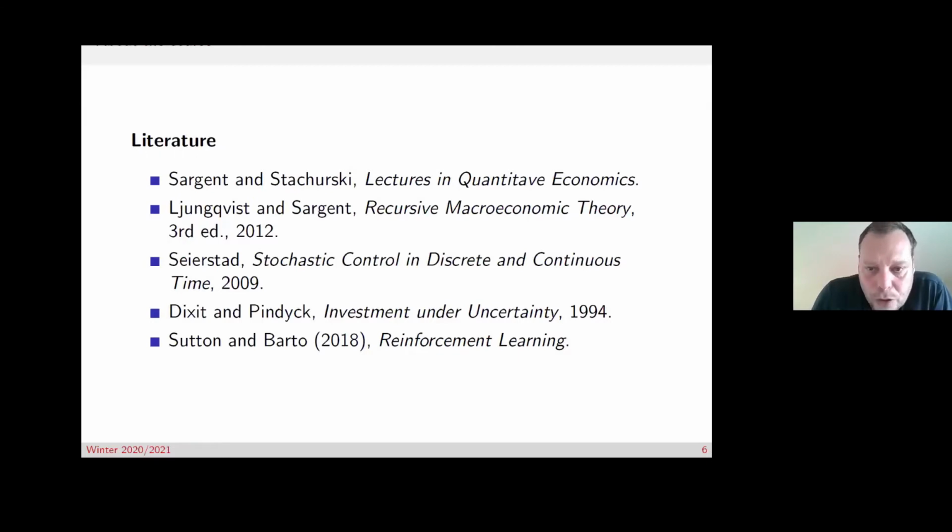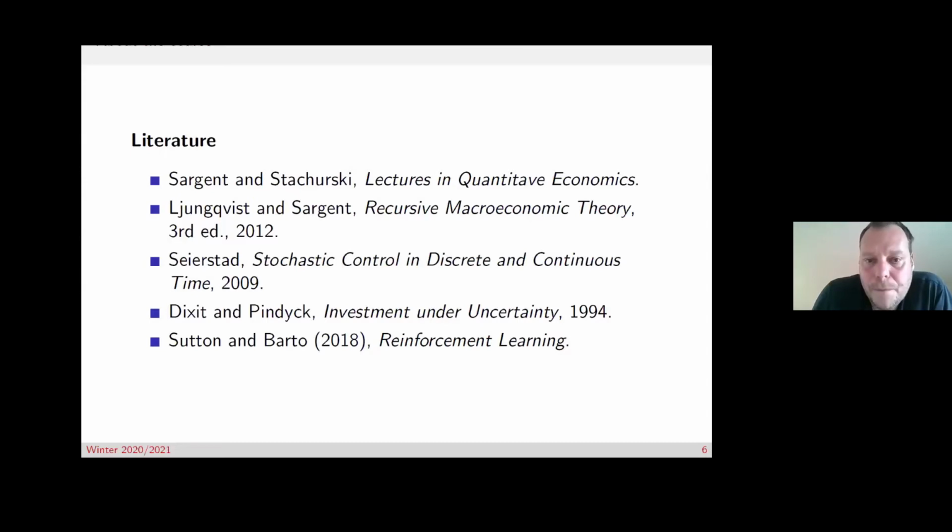For example, Recursive Macroeconomic Theory is, I think, a 1,000 page Bible on everything macro theory, which is awesome and good to know. But as this course is more about concepts and techniques, we didn't want to look into that in too much detail. If you're interested, you can look this up.